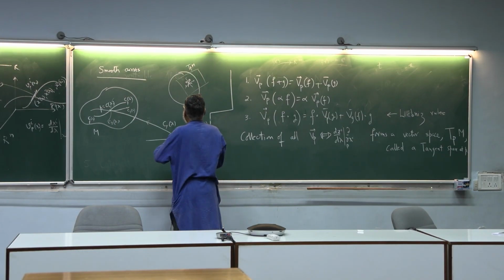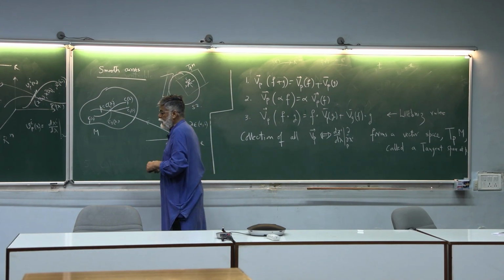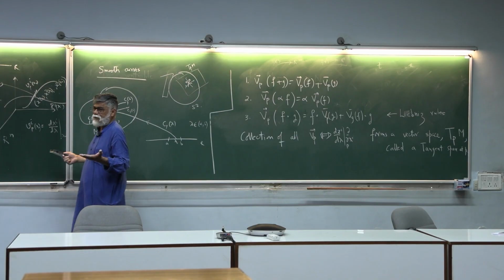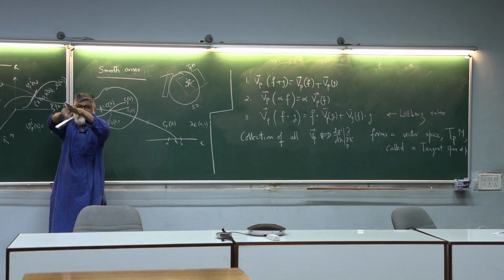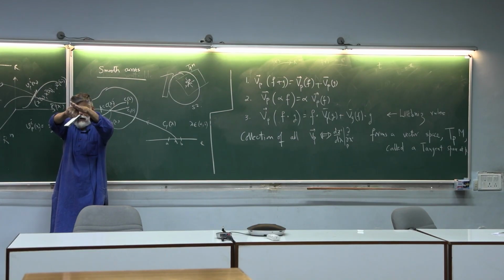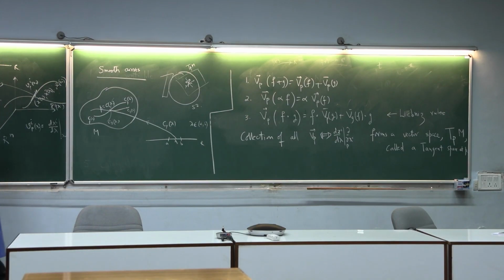Okay. At another point, there will be another tangent. And with this picture, it is clear that the tangent space does not belong to the manifold. It is a tangent space which is just touching the S2 at one point. The collection of all such tangent spaces is called the tangent bundle. It generalizes to fiber bundles, and they are very beautiful stuff, but we will not talk about them. Okay.